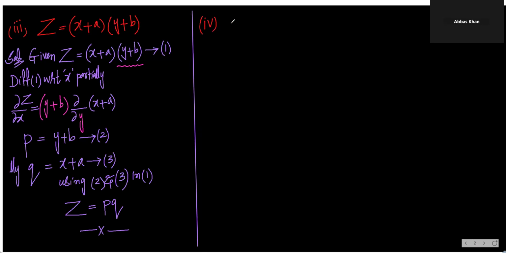This is the fourth one. The question is (x minus a) whole square plus (y minus b) whole square is equal to (c minus z) square.